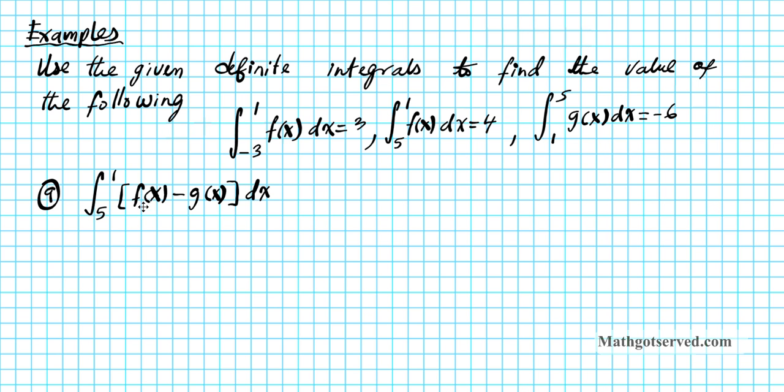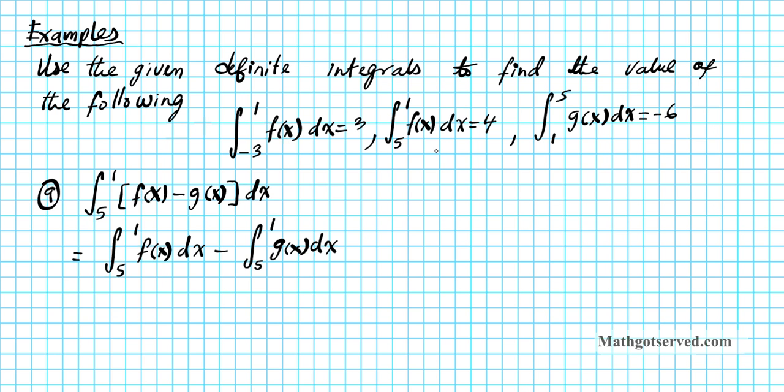So that tells us that if we have the definite integral of the sum or difference of two functions, we can reduce that into the definite integral of the respective functions that you're subtracting or adding, okay? So this can be written as the definite integral from 5 to 1 of the first function, f of x dx, minus the definite integral from 5 to 1 of the second function, g of x dx.